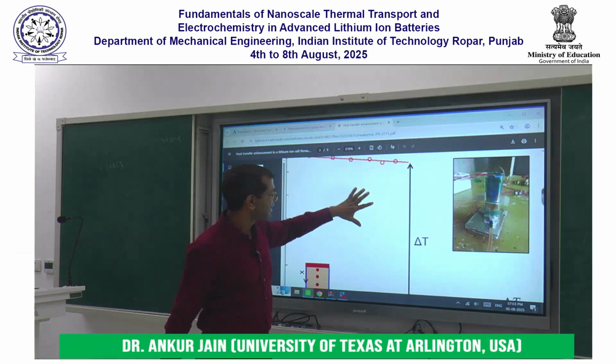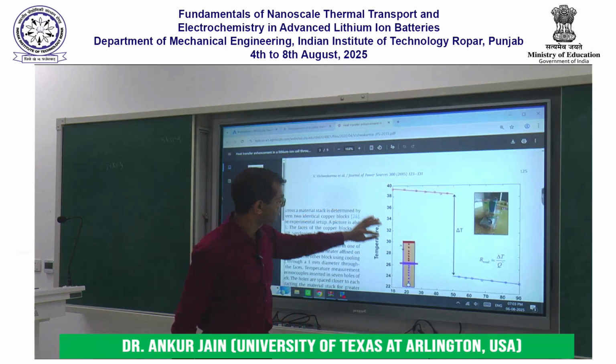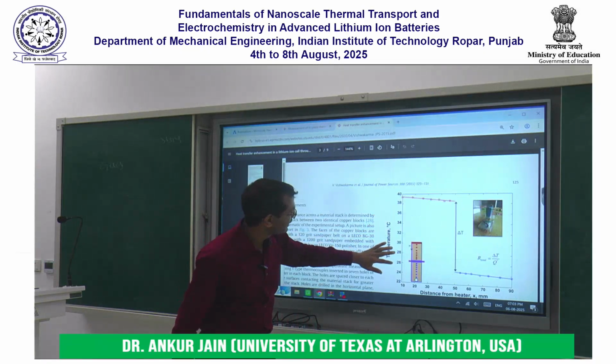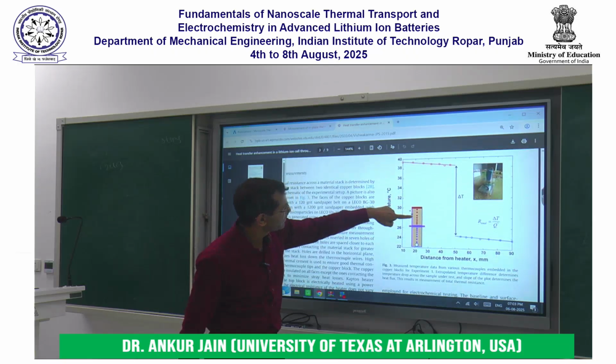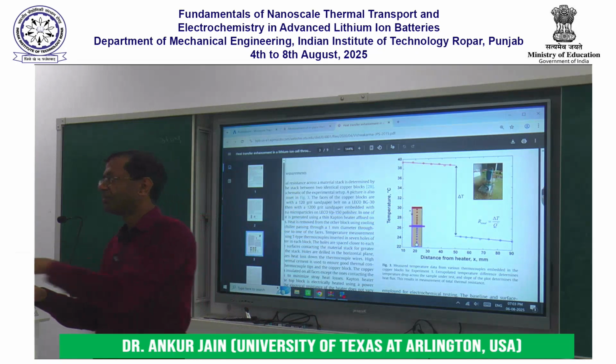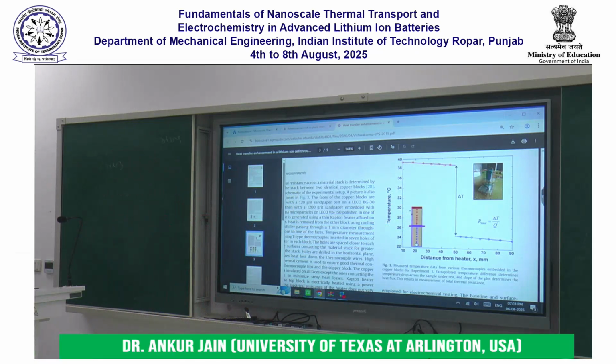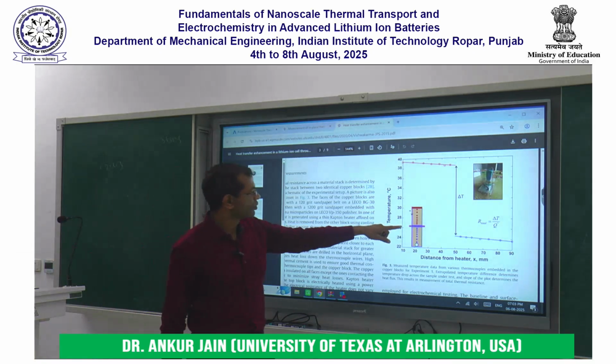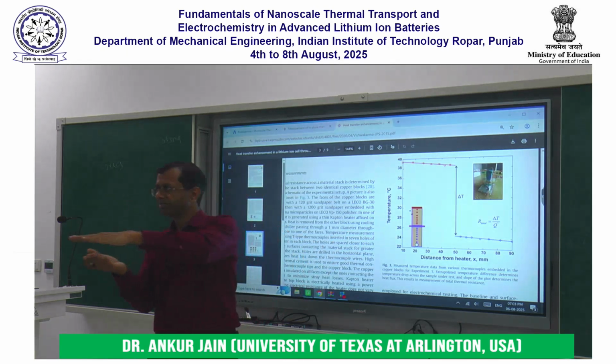Okay, and then the most important thing is that in between the hot block and the cold block, we sandwiched the material of interest, whether it is the separator or it is the cathode or it is the sandwich of the two. Okay, so for now just imagine that this is only the cathode material, right?